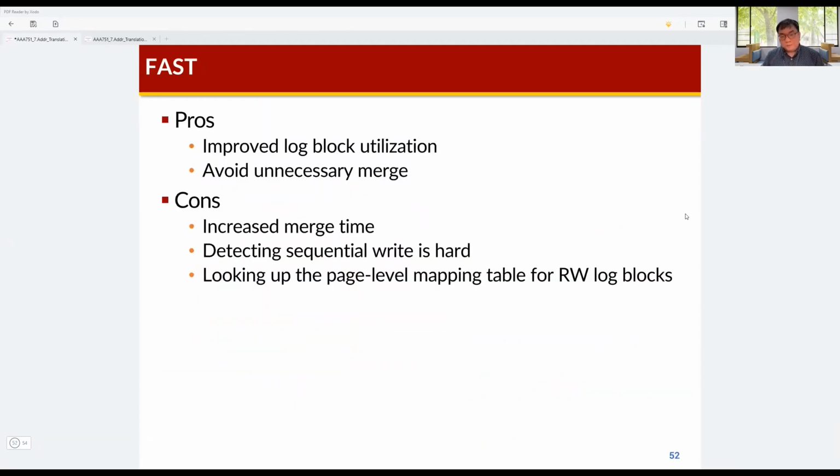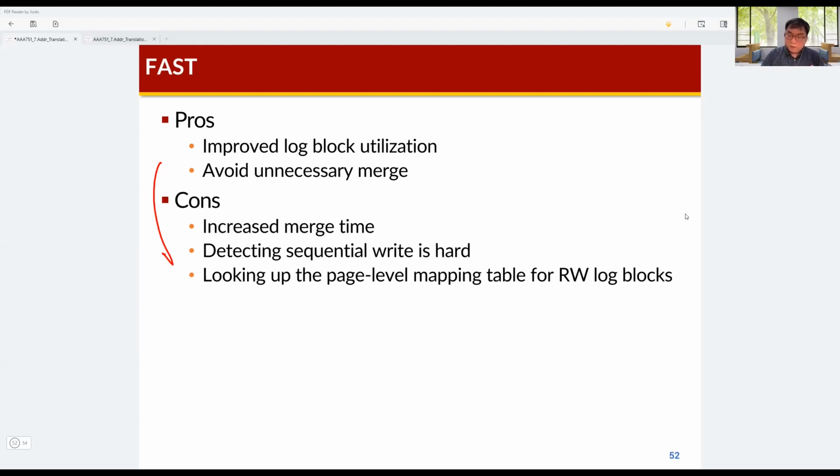So these are the advantages and disadvantages of FAST. What I want to say is that some real workloads are composed of various kinds of access patterns like random write or sequential write, and our solution needs to support both cases.